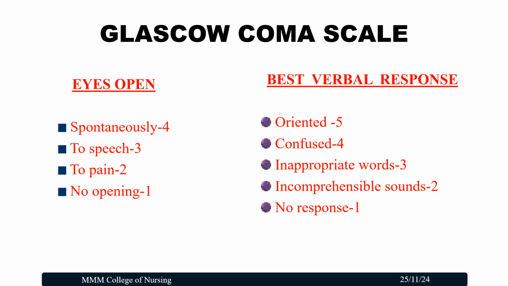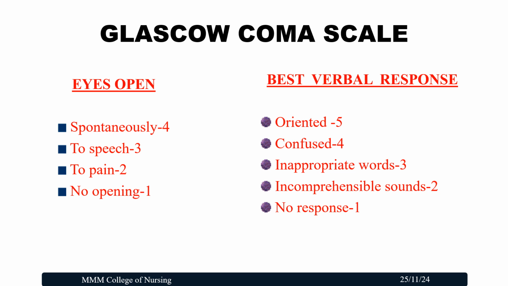The lowest score, 3, indicates that the patient does not respond to any stimulus and has no motor or eye response, reflecting a very serious neurological state with poor prognosis. And let's see the components of the Glasgow Coma Scale.